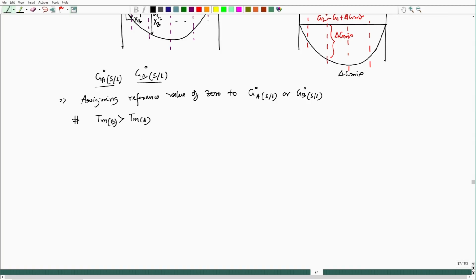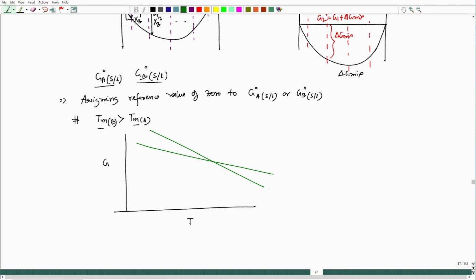Now, if I try to plot, let us say this is G versus T. Since it is a pure condition, I can plot for both, a free energy versus temperature plot at a particular pressure, and then I can show these two temperatures. So, let us say for liquid I draw this.